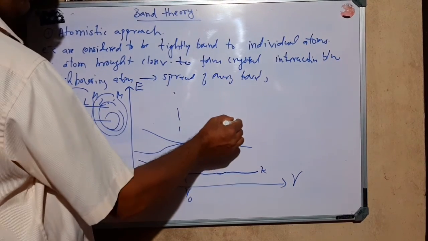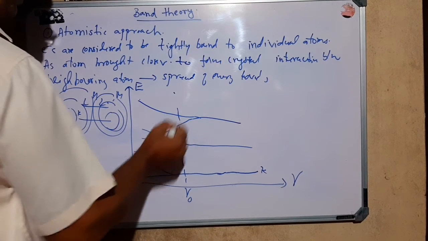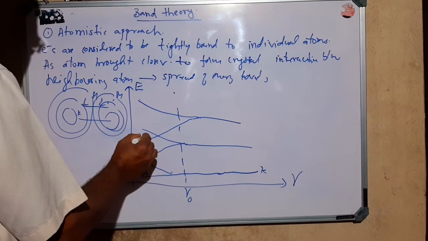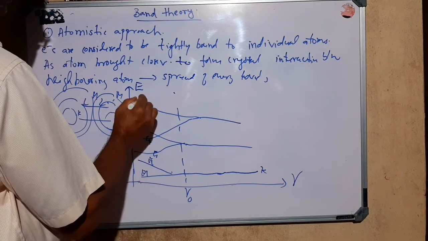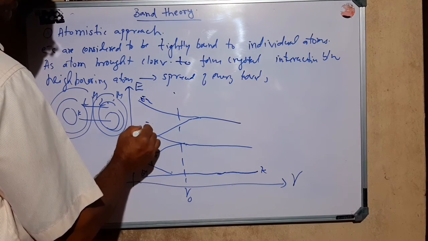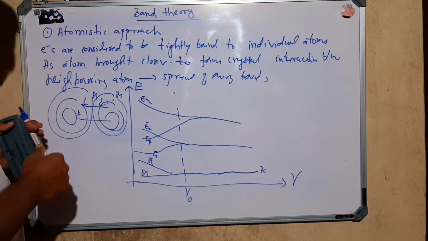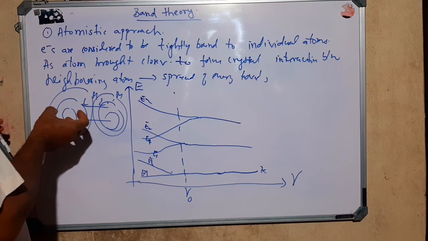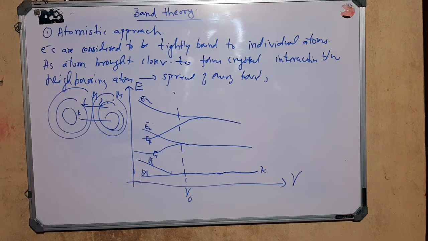Similarly for the M shell, this is E1, this is E2. So there is overlapping of bands because of more interaction in the M shell. This is the atomistic approach.